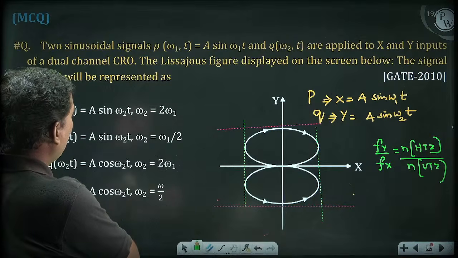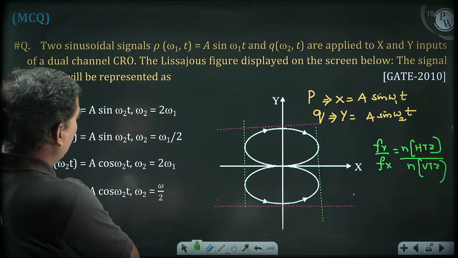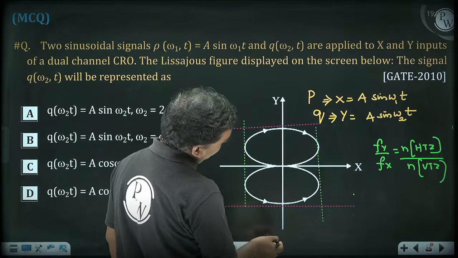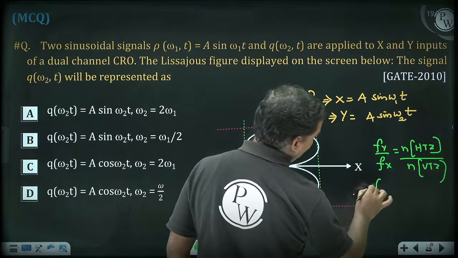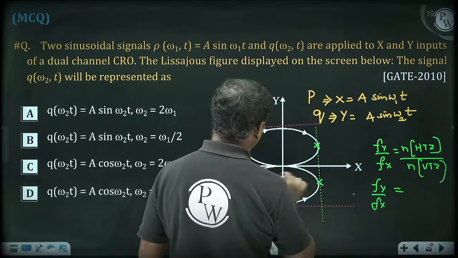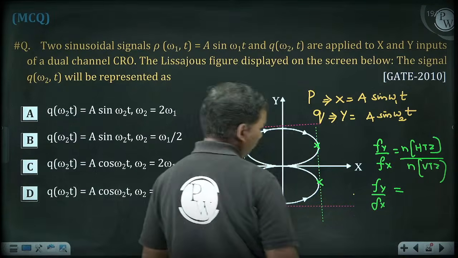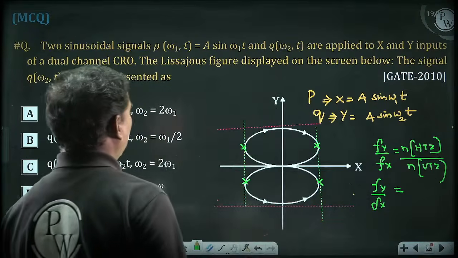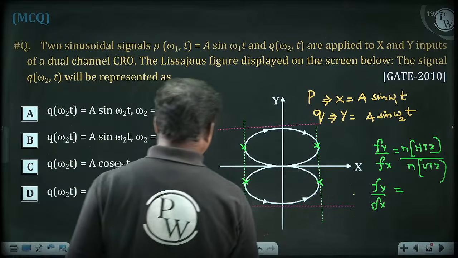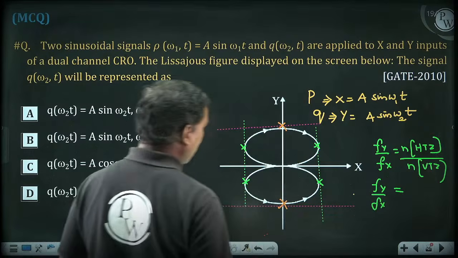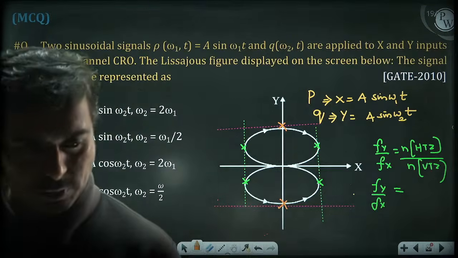Number of horizontal tangents along the x-axis is 4. If you see, this is 1, this is 2, this is 3, this is 4. And vertical tangents is... So answer please. What is the answer for this question?